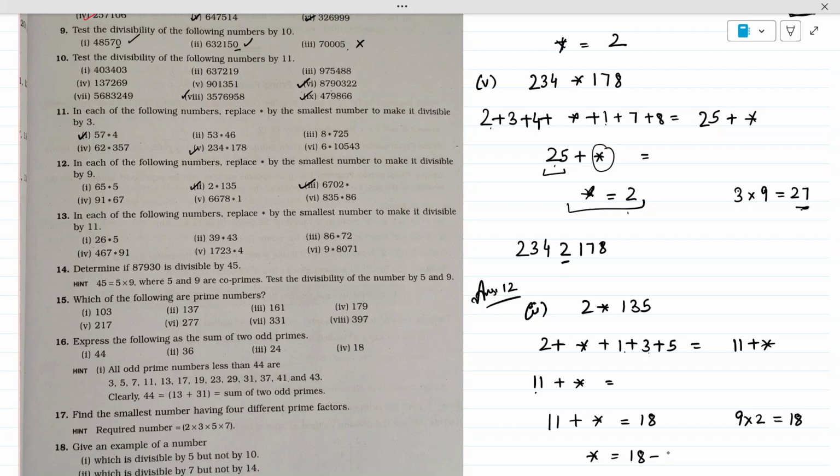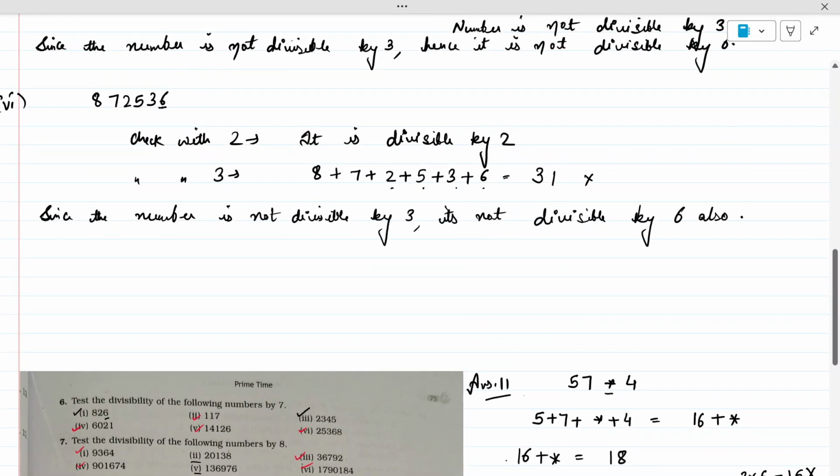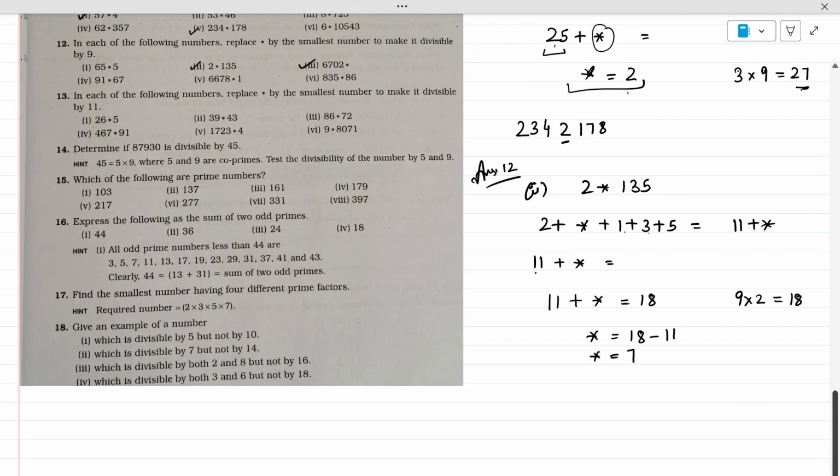We can find it like this, or we can directly find it. We have to add 7 to it, right? 11 plus 7 is 18, so we have to add 7. So the number will be 27135. Done? So we have done this question.